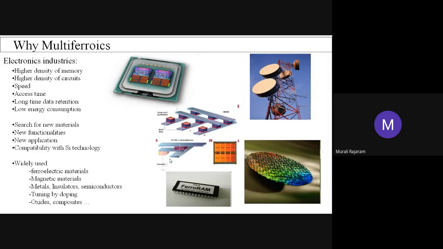So for that also we need a new class of applications apart from the normal semiconductor transistors. Also the speed with which we read and write the data should increase for the electronic industries.